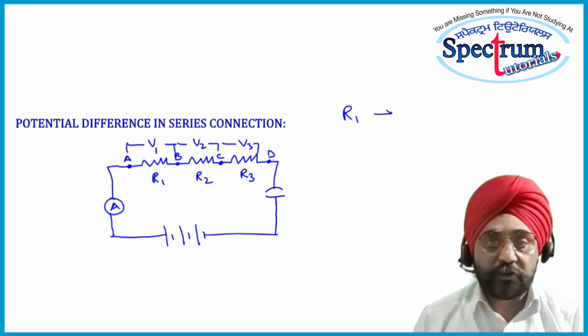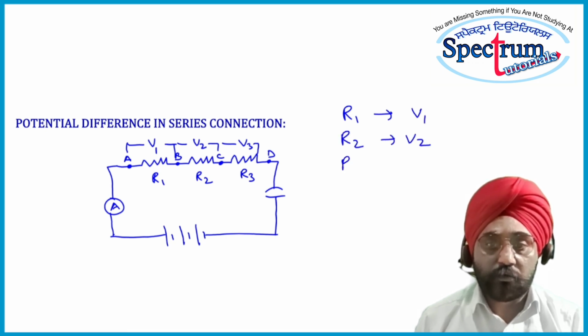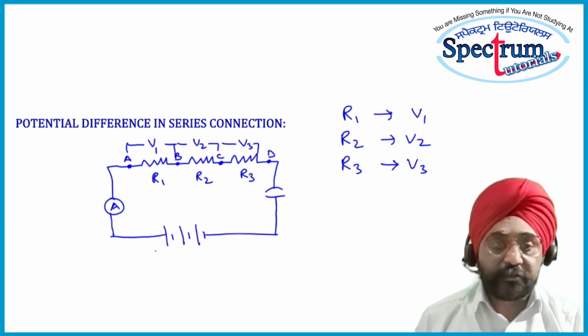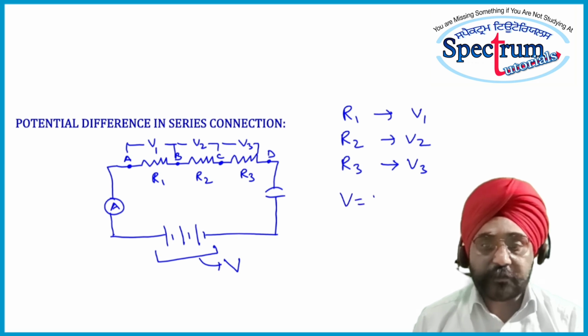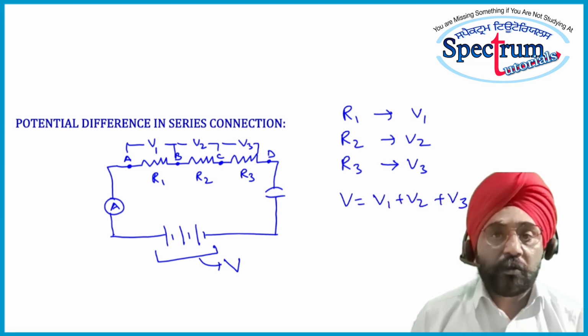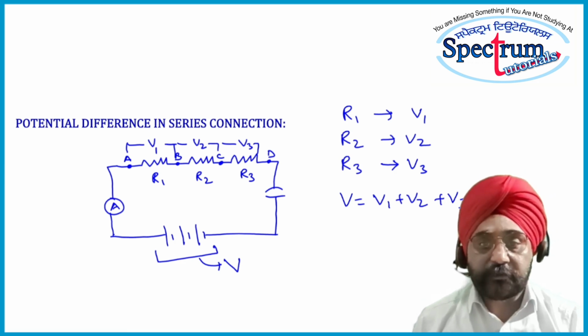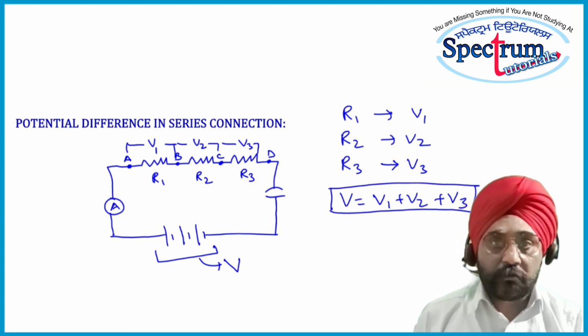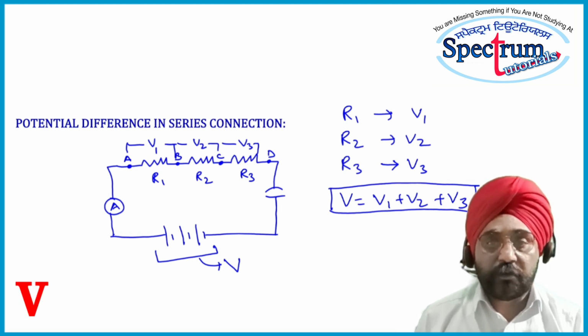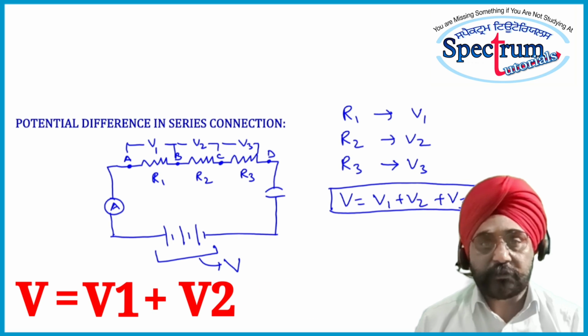So the total potential through the battery is V. So V is equal to V1 plus V2 plus V3. Potential of battery, the total potential across the circuit, is the sum of the individual potentials of different resistors.